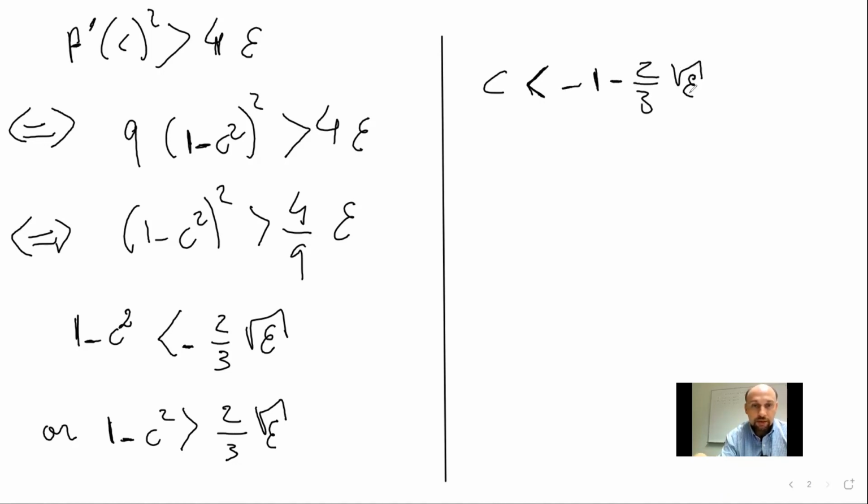So in this case, this is positive, and so the stationary point is a node.